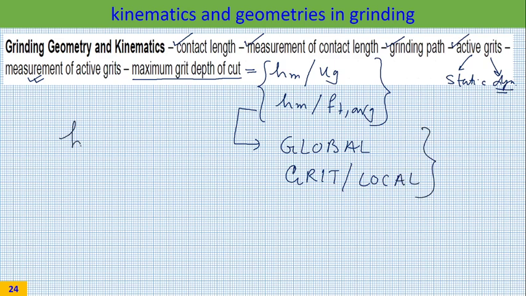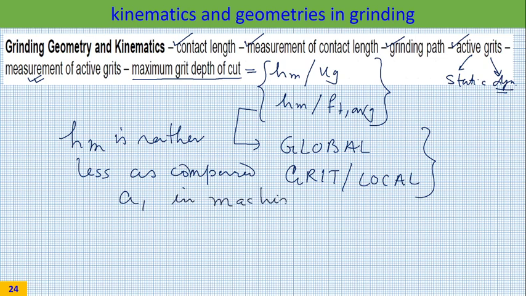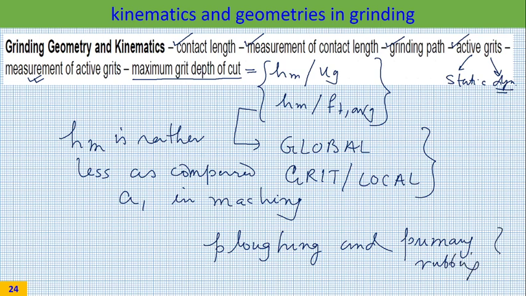What are the takeaways? HM is much smaller as compared to A1 in machining, and this is the main reason you have ploughing and primary rubbing being prevalent in grinding, but their effect is not so much in machining.